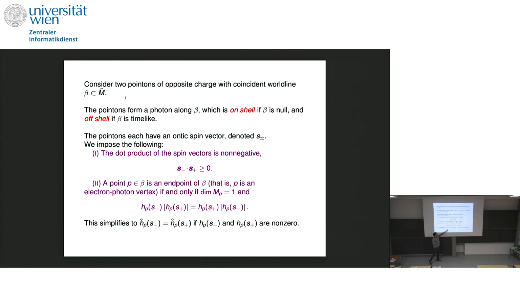This is the same condition we had before, but we impose it for these spin vectors. And this simplifies: if the projections are both non-zero, then all this condition says is that the normalizations of the projection at P are equal. We'll make a model of spin 1 polarization from these two spin vectors.